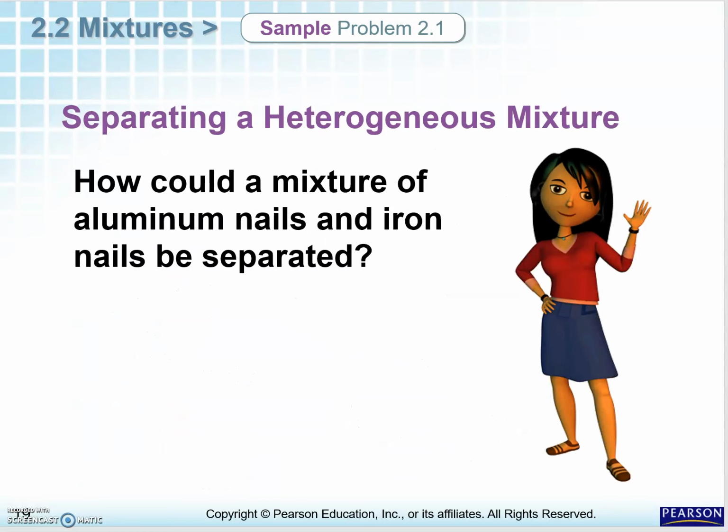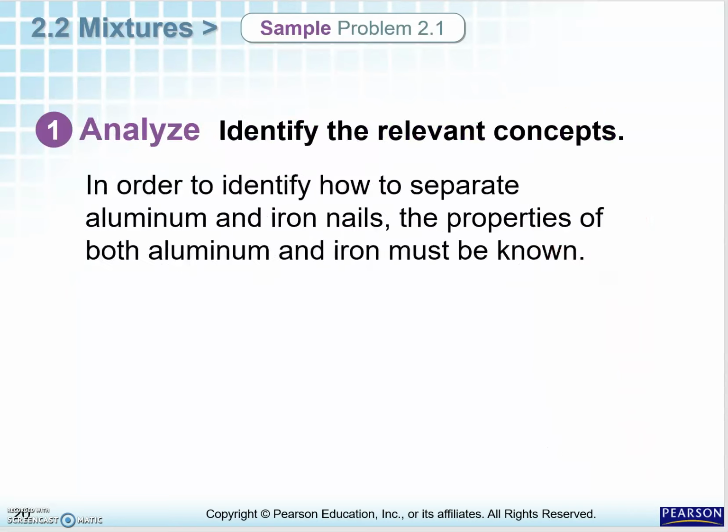So you are given a mixture of aluminum nails and iron nails. So like aluminum from your drawer versus iron that you may not have iron nails. Those would be like from Home Depot. So how would you separate them? First of all, we have to identify how to separate those types of nails.